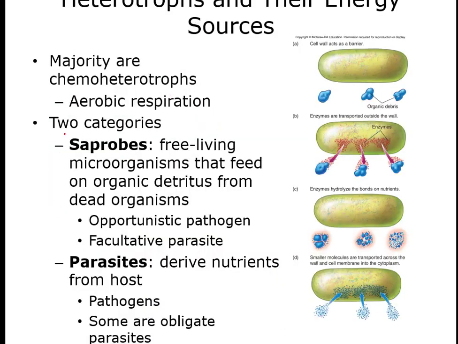Lastly, we have those chemoheterotrophs I talked about. These ones are going to use organic molecules as both their energy source and their carbon source, the hetero. So that means they also use organic molecules for a carbon source. Like I mentioned, most human body bacteria that we think about fit into this group.